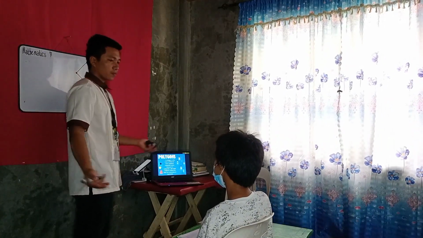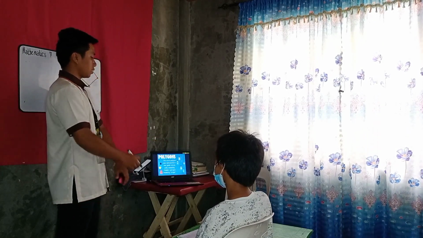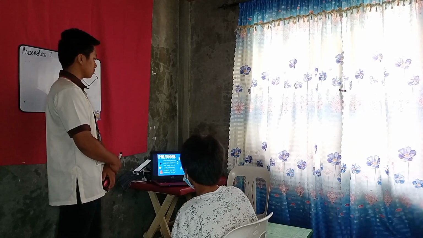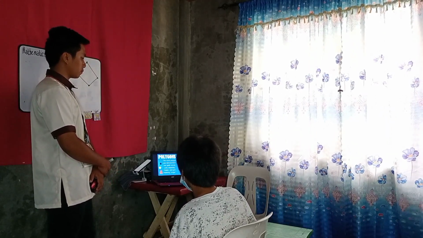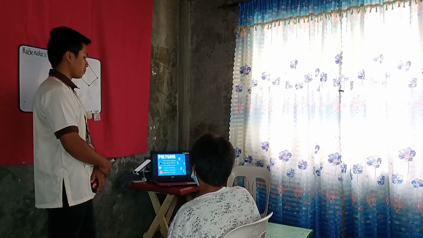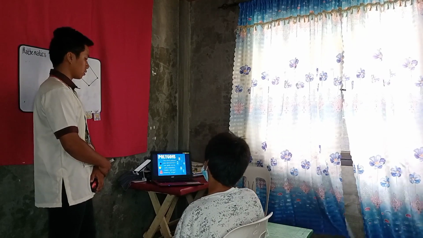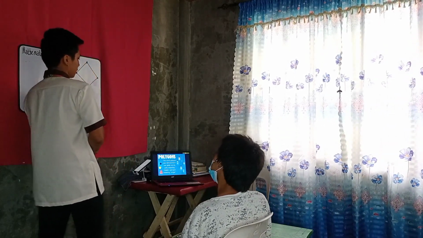So, saan nga ba nagmula ang salitang polygon? Can you read it, Finn? The word polygon was derived from two Greek words, poly meaning many and gon meaning angle.